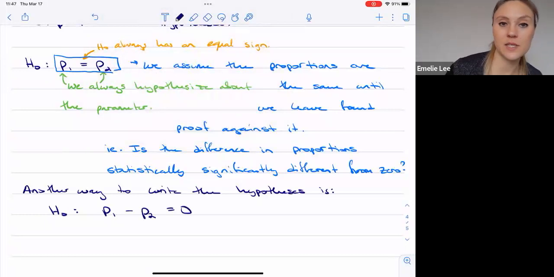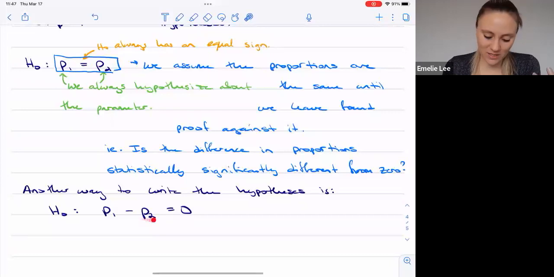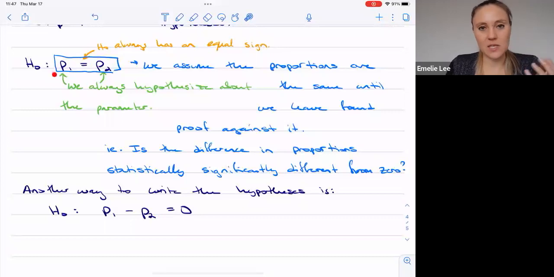That's the same thing. If I subtract P2 from both sides, I get 0 on the right-hand side and P1 minus P2 on the left-hand side. I just think this is an easier way to look at the null hypothesis, because I always have an equal sign and I don't have to worry about P1 and P2 separately. However, remember, initially we said my parameter of interest is P1 minus P2, and that's technically what we're doing.